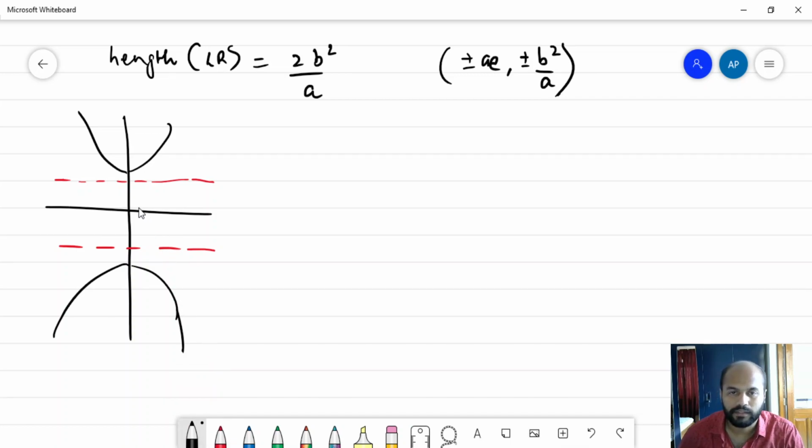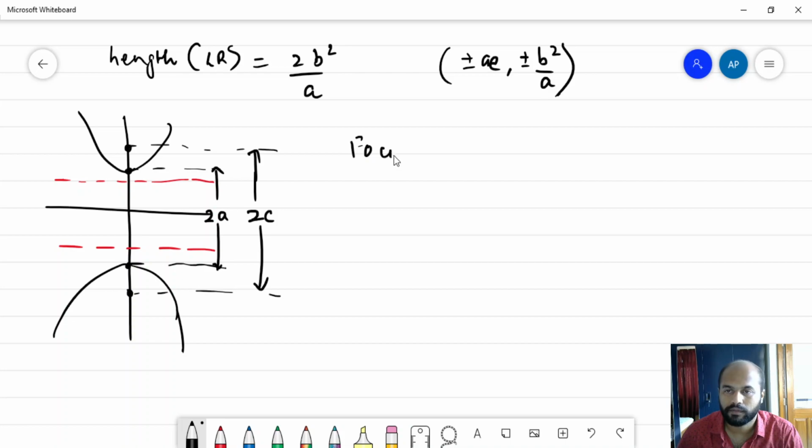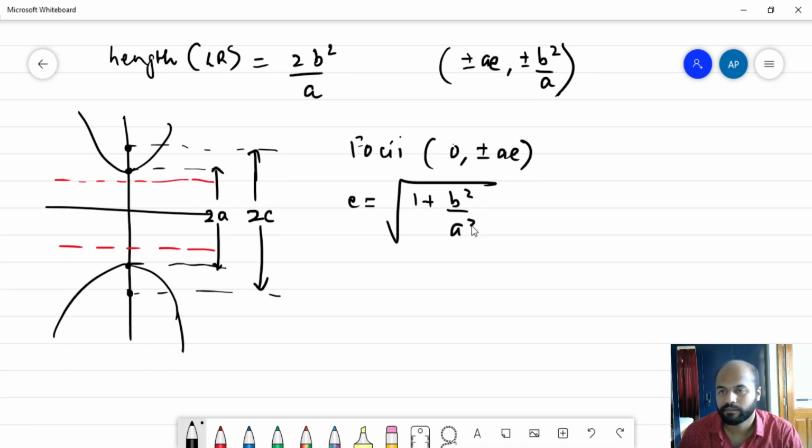So we know that this distance from this point A to B would be 2a, and distance of the foci would be 2 times c. The foci, however, this time would be 0, comma, plus minus ae. Eccentricity will remain the same, that is root over 1 plus b square by a square.